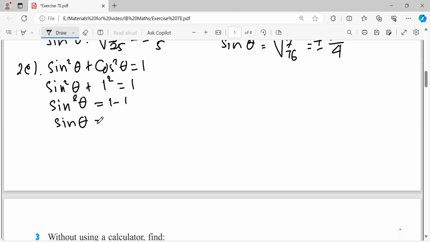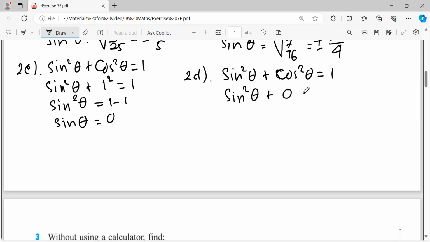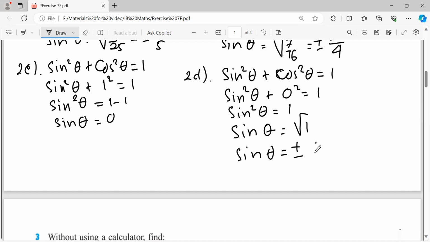Sine theta equals 0. Next, 2d, cosine theta equals 0. Again, this equation. So sine squared theta plus 0 squared equals 1. Sine squared theta equals 1. So sine theta equals square root 1, or sine theta equals positive and negative 1.